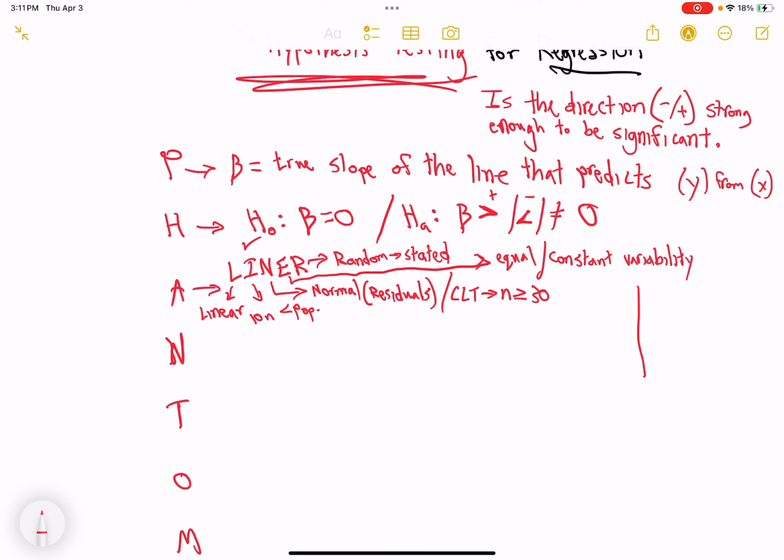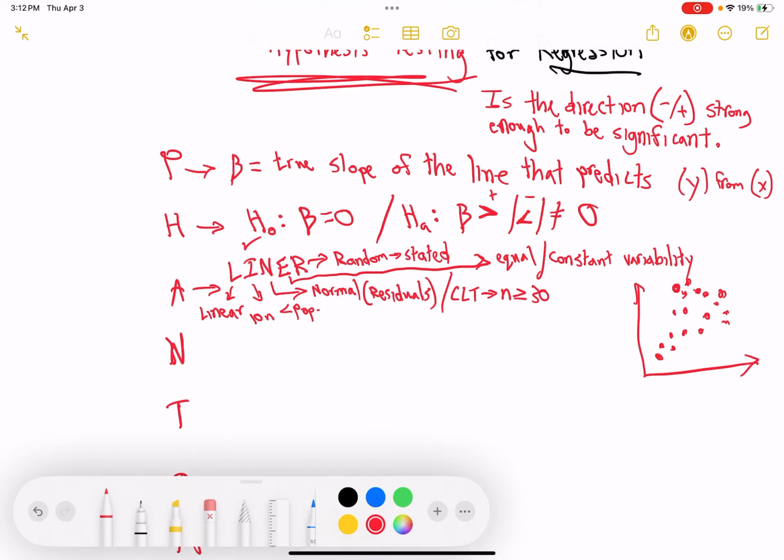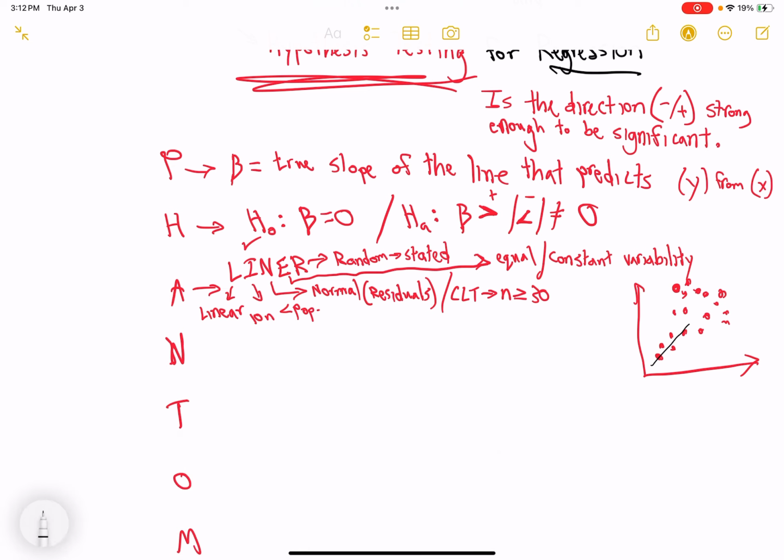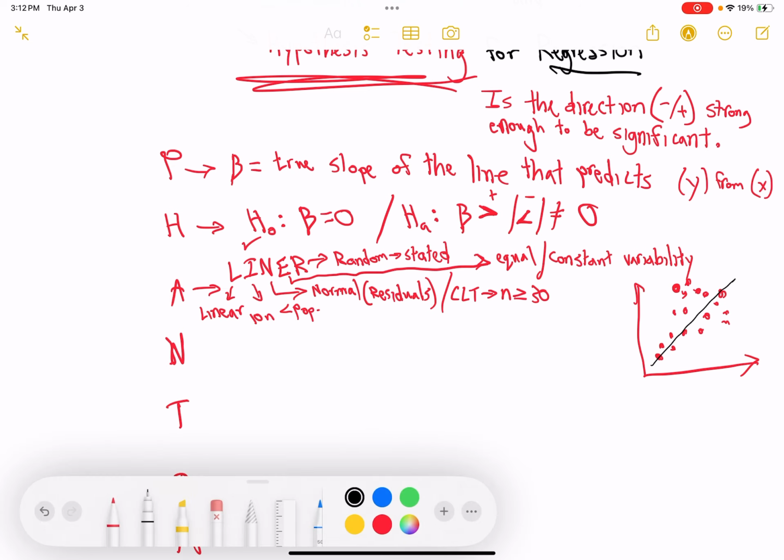Let's make a scatter plot. What I'm about to show you would be considered not constant variability. Now, I'm going to make a line. That's our line of regression.